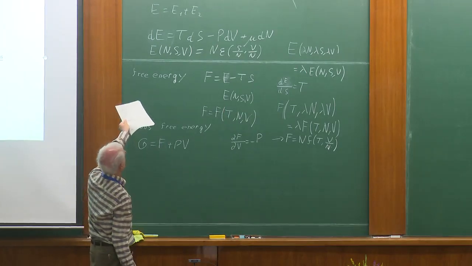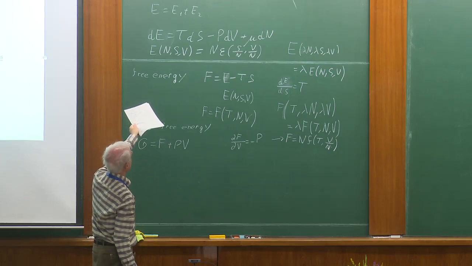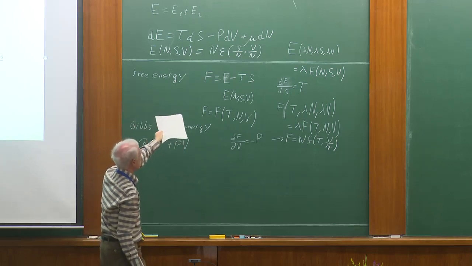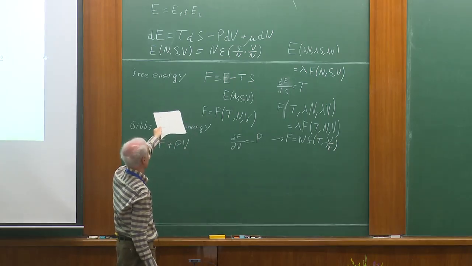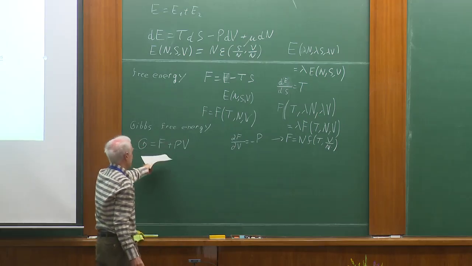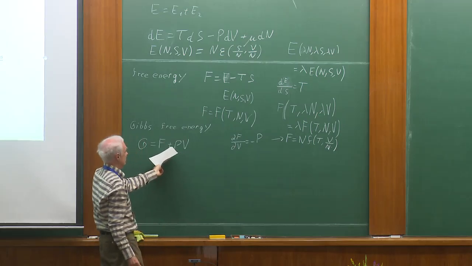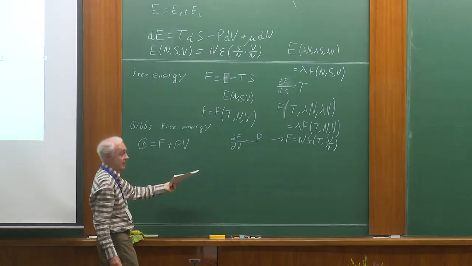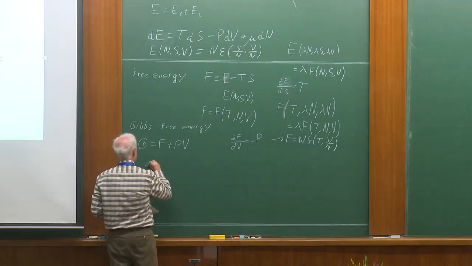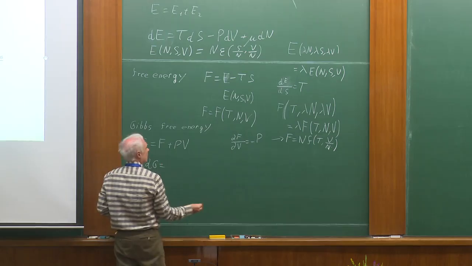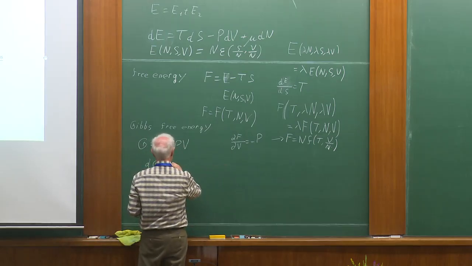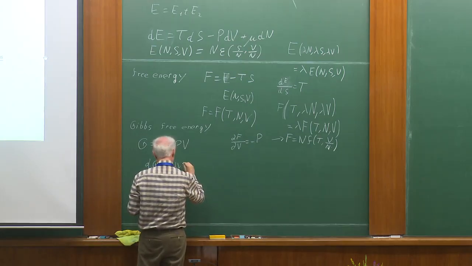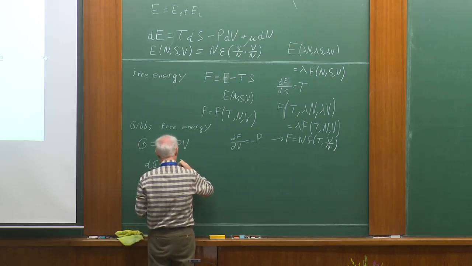If you start from the differential expression of the energy, you do the first transform, you get the differential relation for the free energy. You now do a further Legendre transform, and you get the differential relation for the Gibbs free energy, which is dG = -S dT + V dP + mu dN.